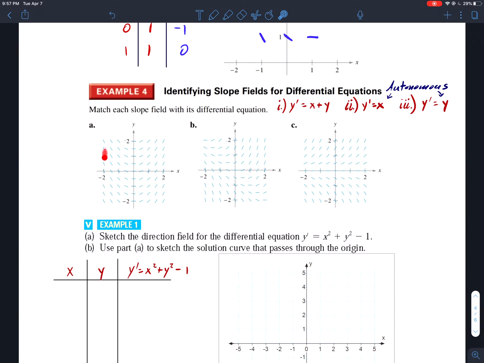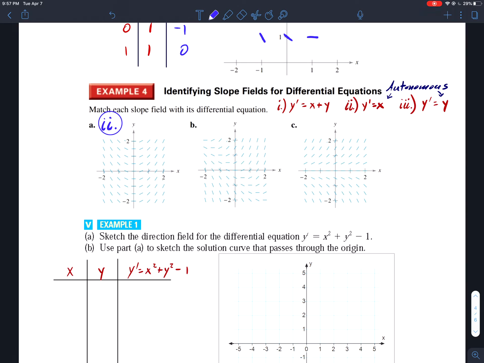And they are all dependent upon, it looks like, the horizontal position, the x position. The y position makes no difference because the slope at that particular x is the same. The slope at this x is the same. This x is the same, which means the slope is dependent only on the x value. If that's the case, then it has to be equation 2 that matches this one.